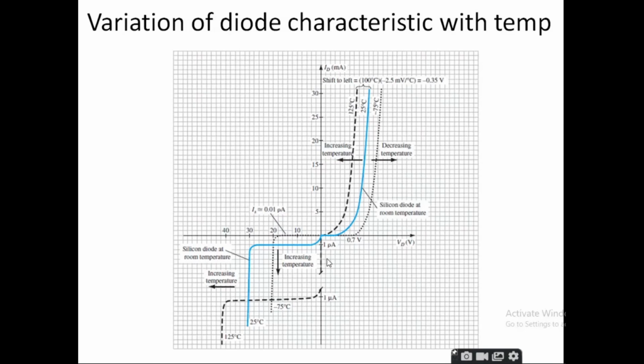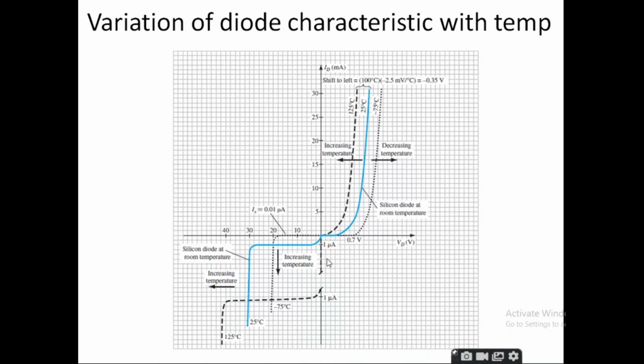Then there is an effect of temperature on the characteristic of a diode. The blue colored line, as you can see, is the characteristic at 25 degrees centigrade. And on the left hand side, there is a characteristic at 125 degrees centigrade.